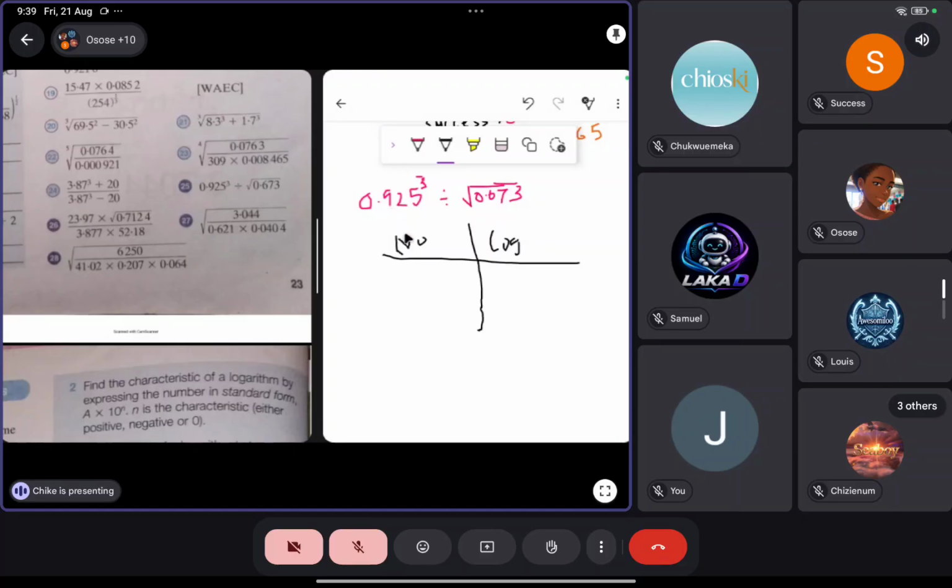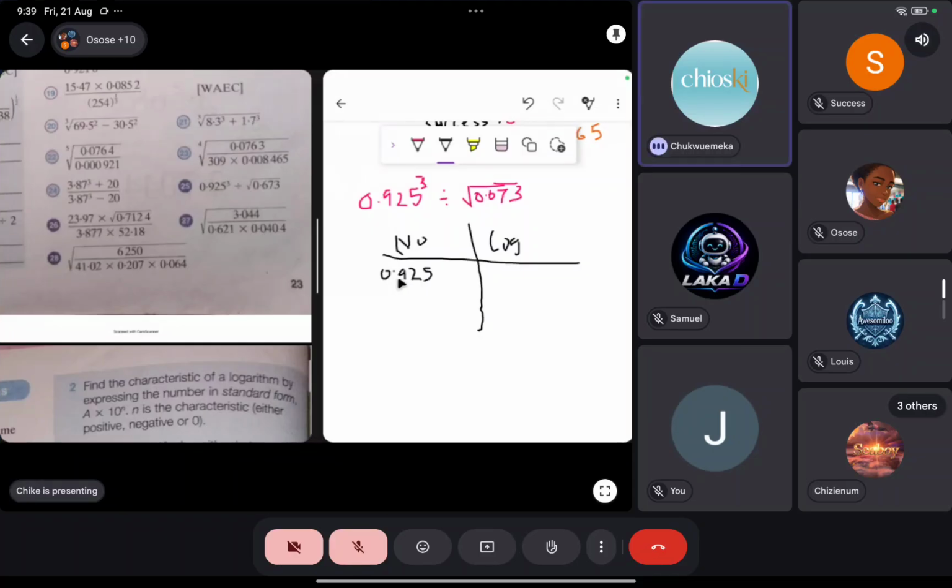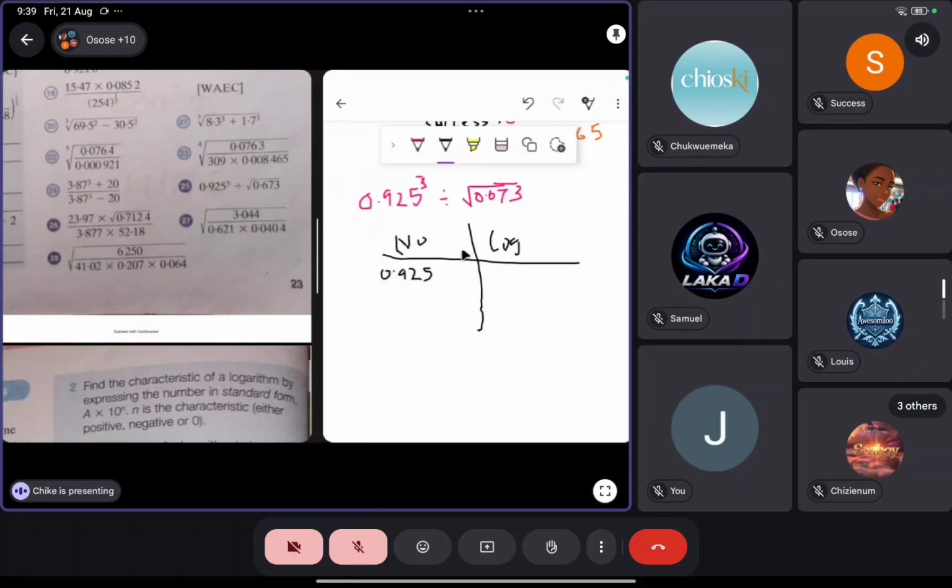Now the first, 0.925. Before I put this power of 3, what will be my characteristic? Bar 1, right? Correct. So I will have bar 1. Then I'll have 92 under 5. So let's go to my table of logarithm.